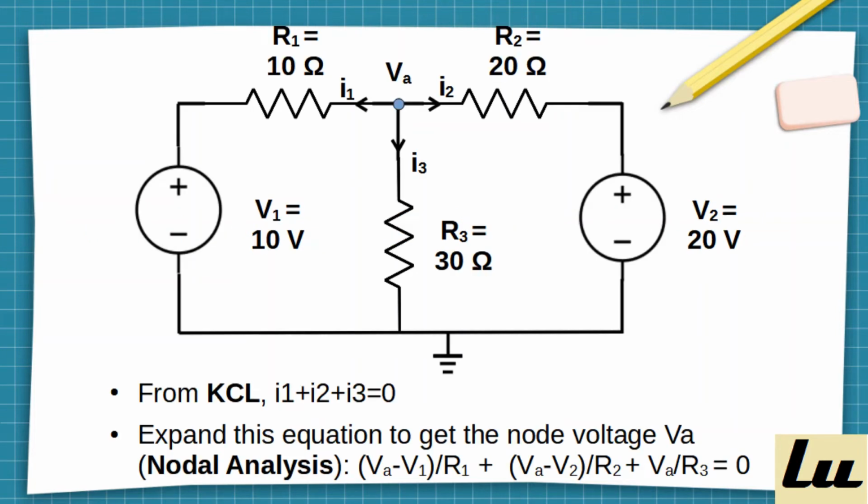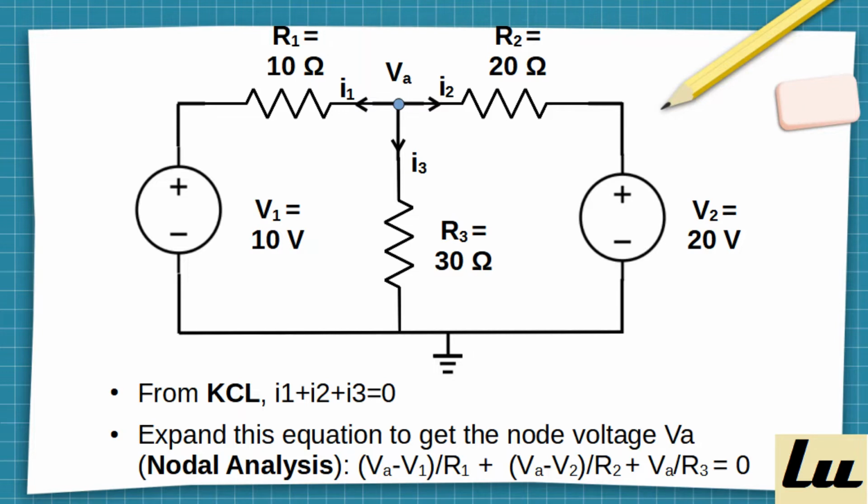From KCL, I1 plus I2 plus I3 equals 0. Expand this equation to get the node voltage VA.